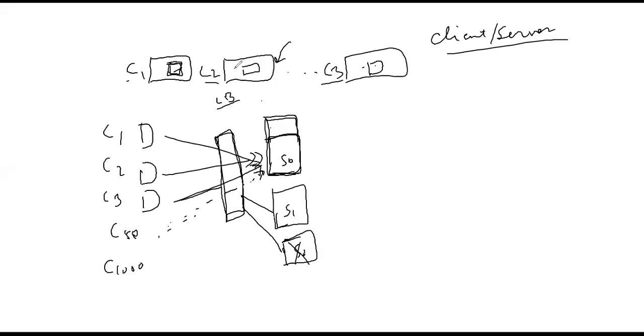So the next thing I would like to bring up is, with this server setup, how can the load balancer assign different servers? Can anyone tell me a scheme? What kind of schemes can we think about?